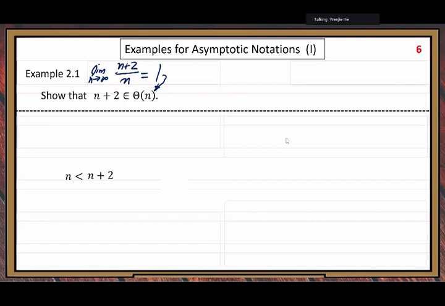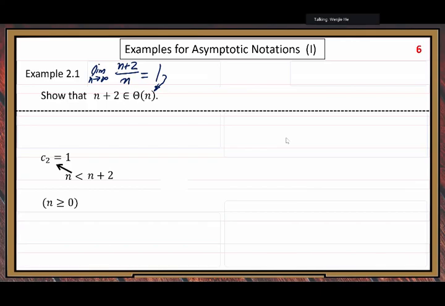If we drop the constant 2, n is a constant multiple. n is less than n plus 2. Very simple, so we get a lower bound. This inequality holds when n is greater or equal to 0, because we do not consider negative n. We only consider non-negative n. Here, the corresponding constant C is 1, 1 times n.